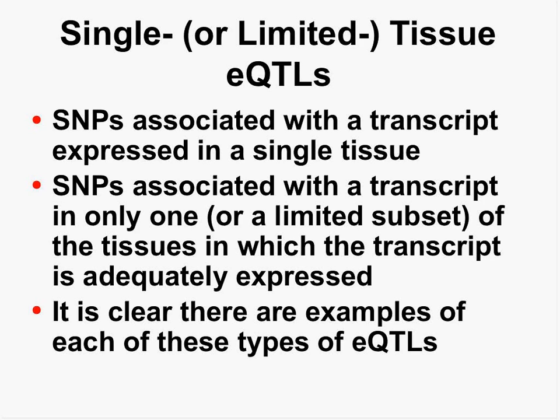There are definitely SNPs that are clearly associated with transcript levels in one or just a few of the tissues in which that transcript really is expressed at levels where you have clear power to detect the DNA variant also as an eQTL, but it does not appear to be acting to regulate, or certainly is not significantly associated with, transcript levels in some of the tissues where you're seeing sufficient levels of the transcript to have been powered to pick up the eQTL effects.